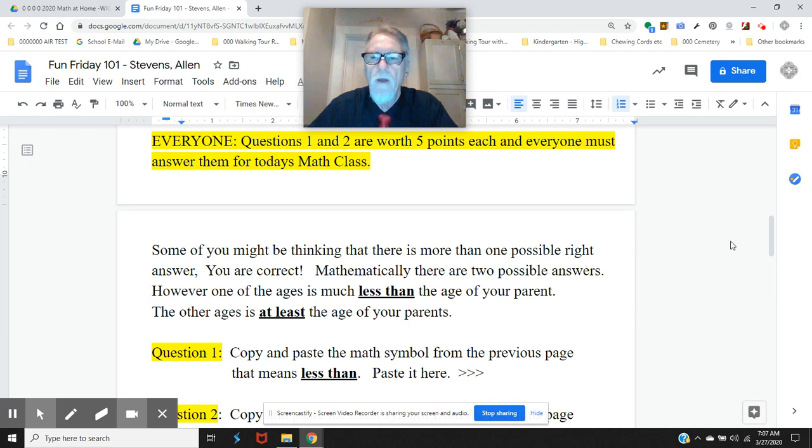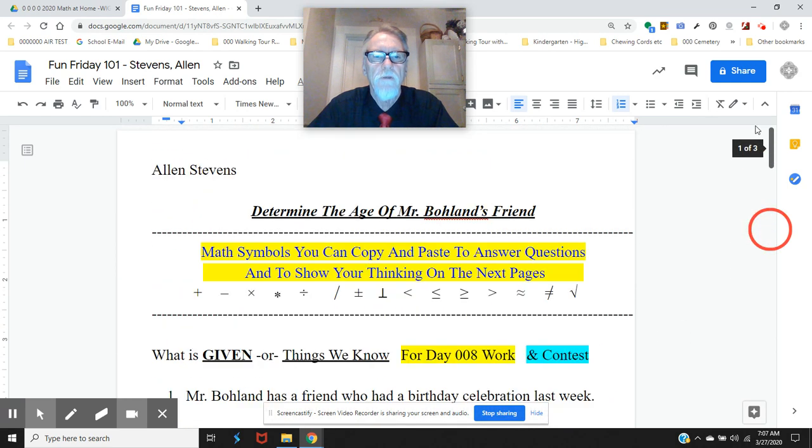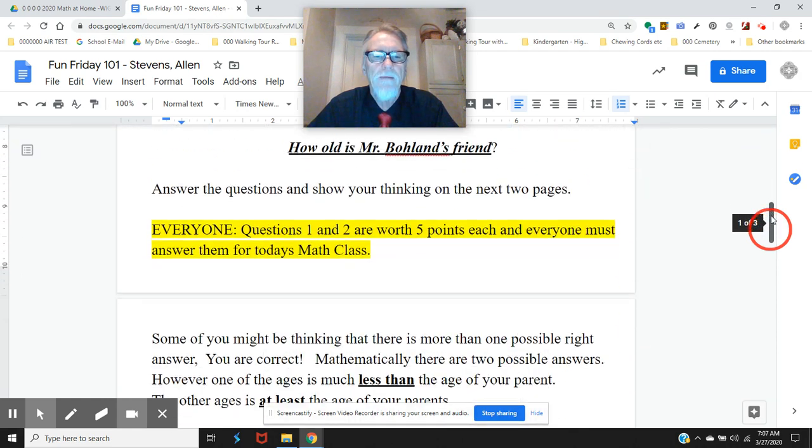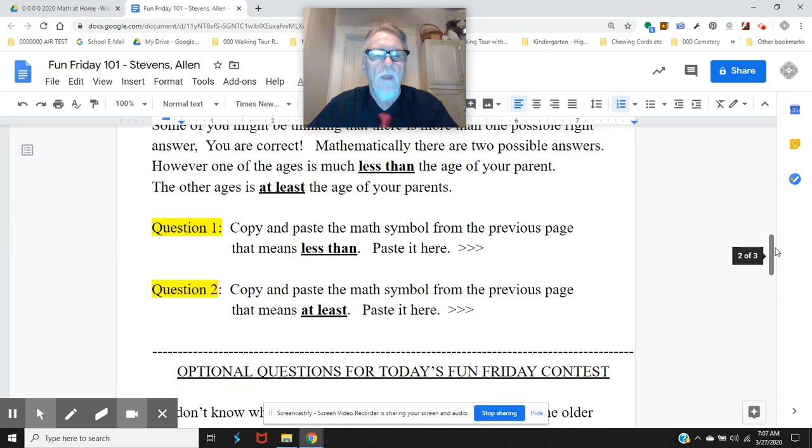So for everybody, I want you to choose mathematical symbols from up here at the top, copy and paste them here to answer questions 1 and 2. Question 1 and 2, first question, what is the math symbol that means less than? Copy it and paste it here. And then what's the symbol that means at least?